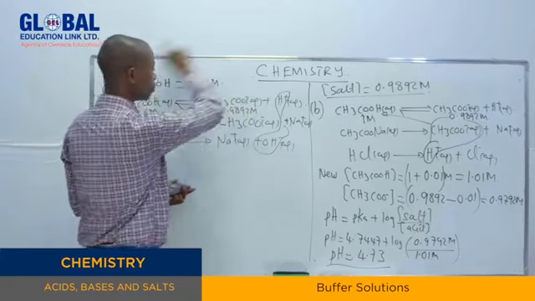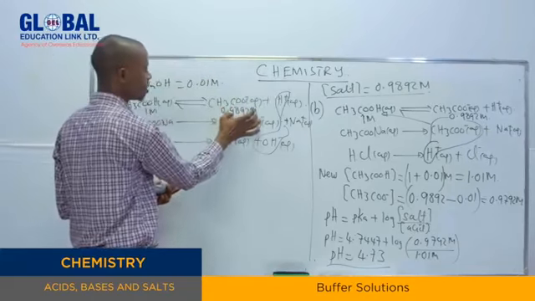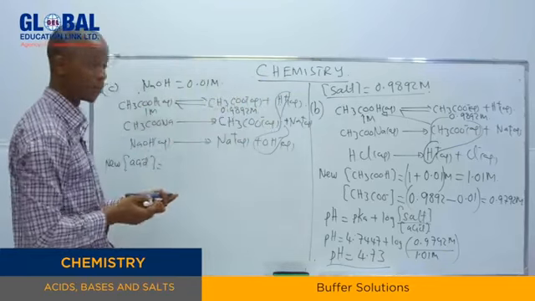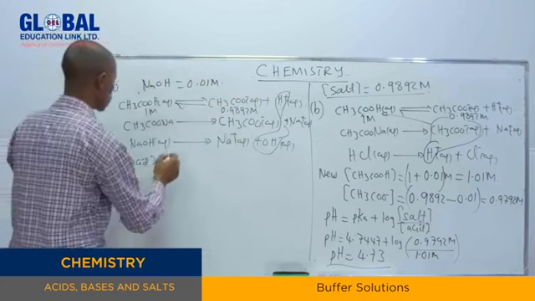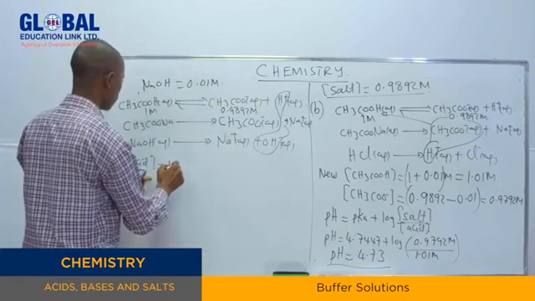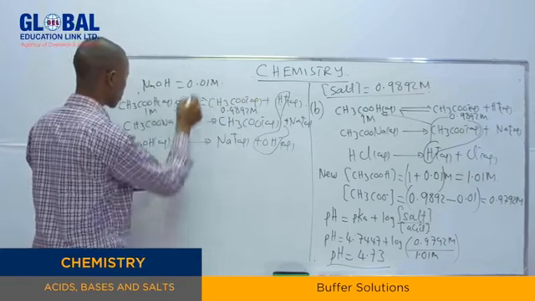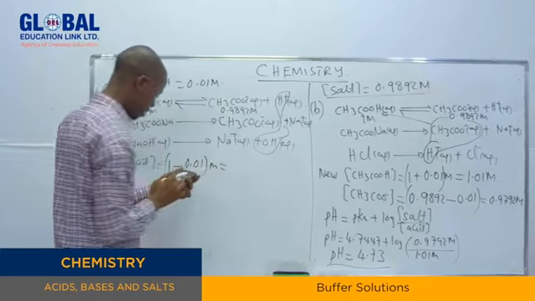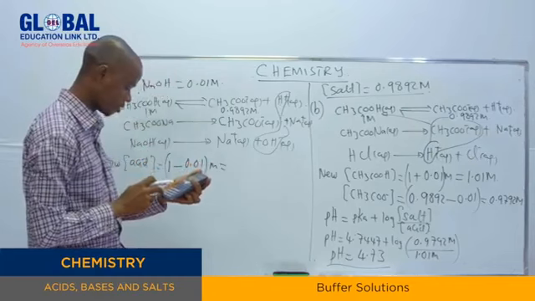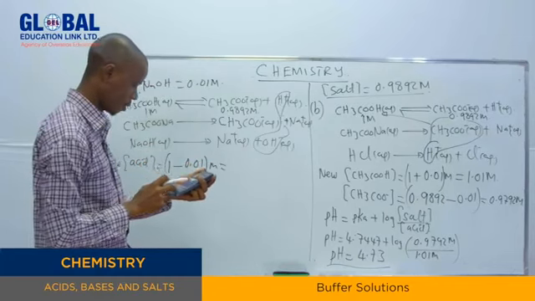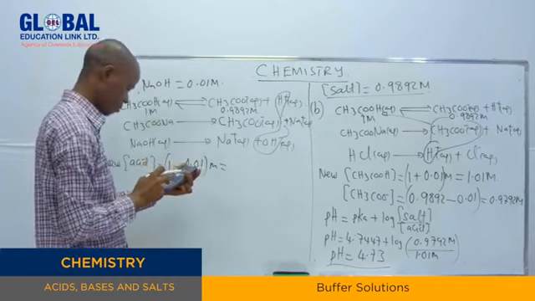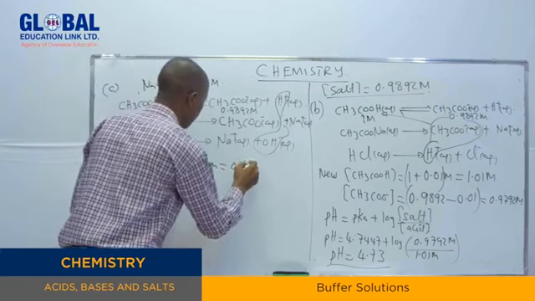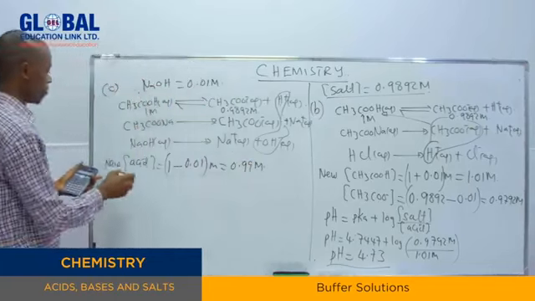And this salt, because it will be formed, now this concentration will also increase by the same factor which is added from the base. So new concentration will be 1 for the acid. You subtract 0.01. When you take a calculator, 1 minus 0.01, you will get 0.99 molar.